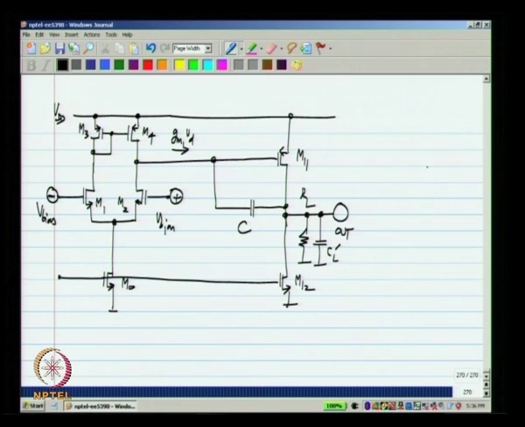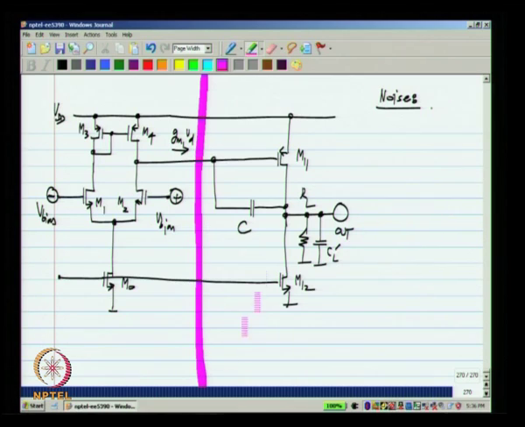Now, first let us consider the noise. We know that the input referred noise of the single stage op amp alone is 16/3 kT by GM1, where GM1 refers to M1 and M2, times 1 plus GM3 by GM1.